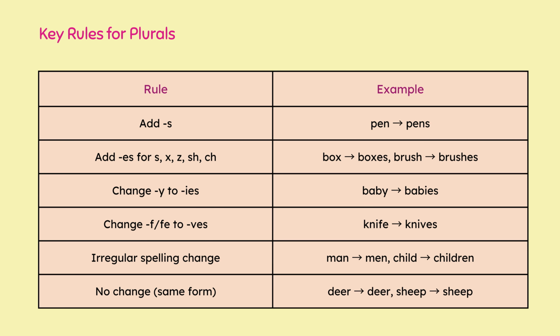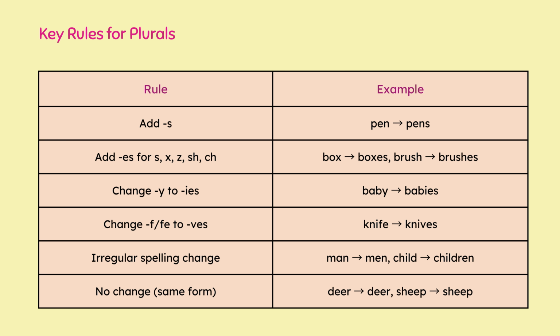Now let's look at some important rules to form plural nouns. Rule 1. Add s to most nouns. Example, pen becomes pens. Rule 2. Add es to nouns that end in s, x, z, sh, or ch.